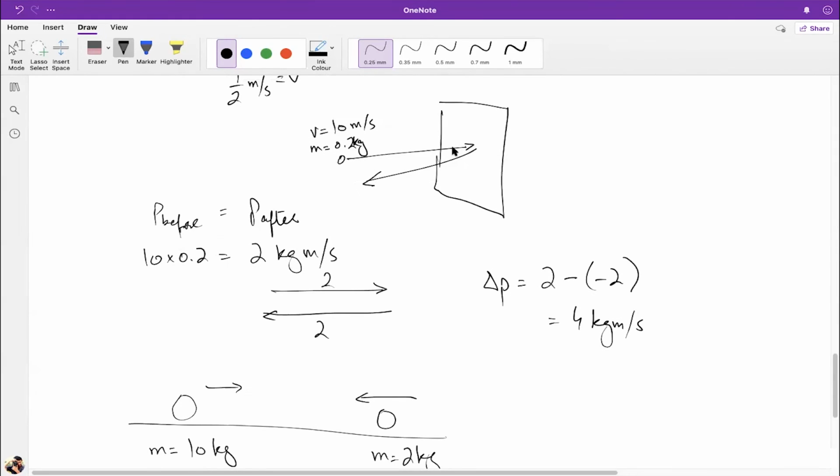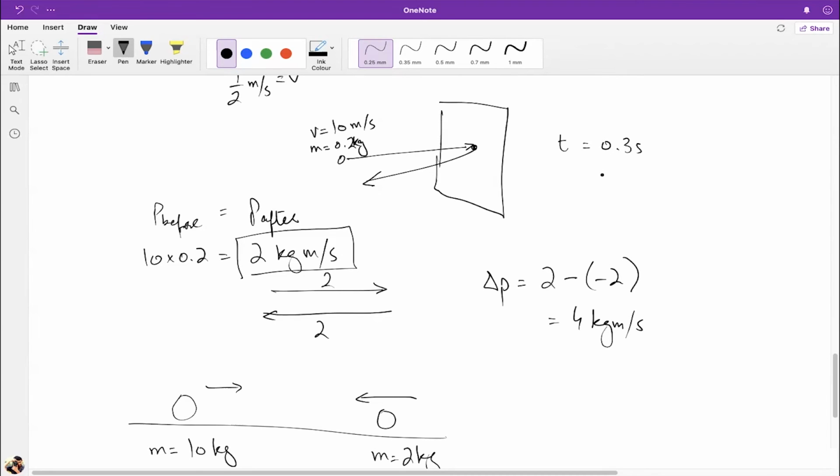Oh, it's really simple. The ball was moving with the momentum of this much, and it hit the wall and it came back with the same momentum, because the ball is something that will not absorb the momentum, let's say. So the change in momentum that this ball is facing is 4 kg meter per second. So how much force, we can also increase it. Let's suppose this all happens and the time for which it is in contact with the wall is 0.3 seconds.